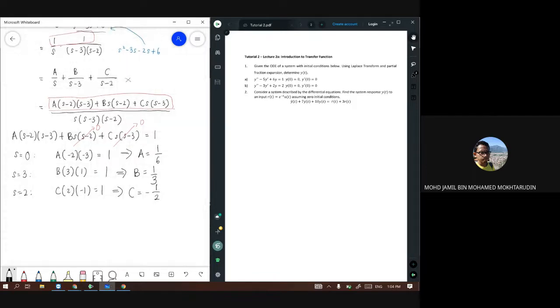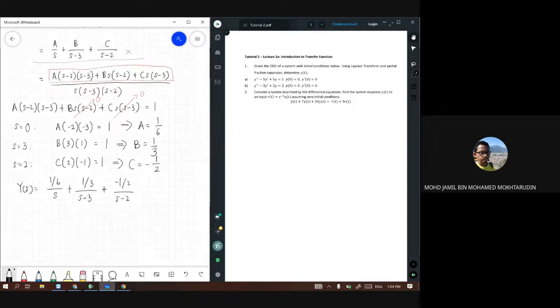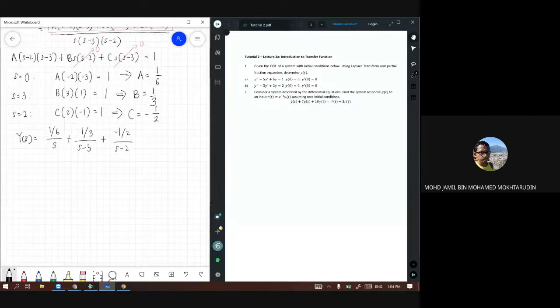Okay, so after you get all the value A, B, C, substitute back into this equation. So you get Y(s) equals 1/6 over s plus 1/3 over s minus 3 plus -1/2 over s minus 2. Okay, so we get Y(s). The question wants y(t).